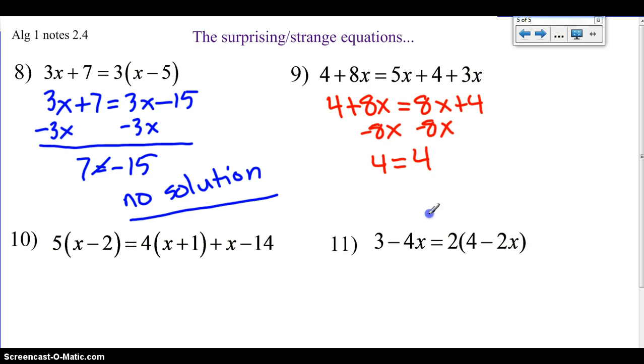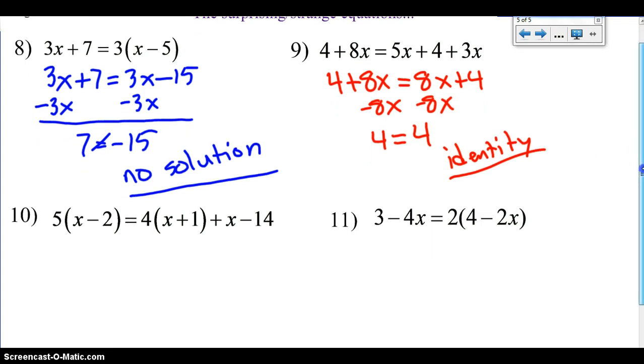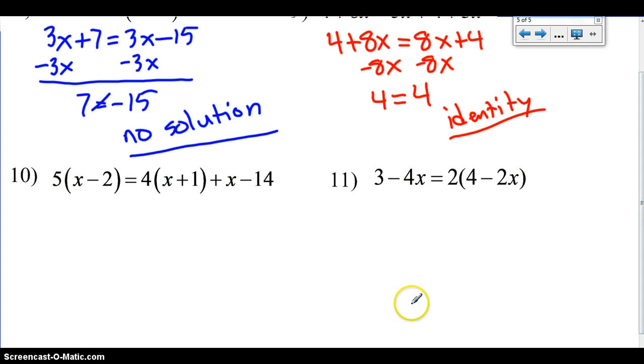When is that true? Well, it's always true. We have a name for this. It's called an identity. The identity means essentially that what we have on the left side of the equation and the right side of the equation are exactly the same. So we aren't really solving, we're just confirming something. So those are identities. Why don't you pause real quickly and do 10 and 11.